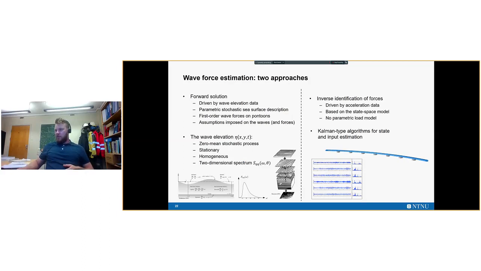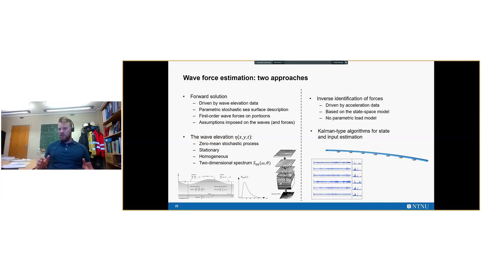So in the two approaches, we have the forward solution, which is driven directly by wave elevation data. And here we have to impose some assumptions on the wave elevation process in order to describe it in a statistical frequency domain. We have to assume that it is a zero mean stochastic process that is stationary and also homogeneous.